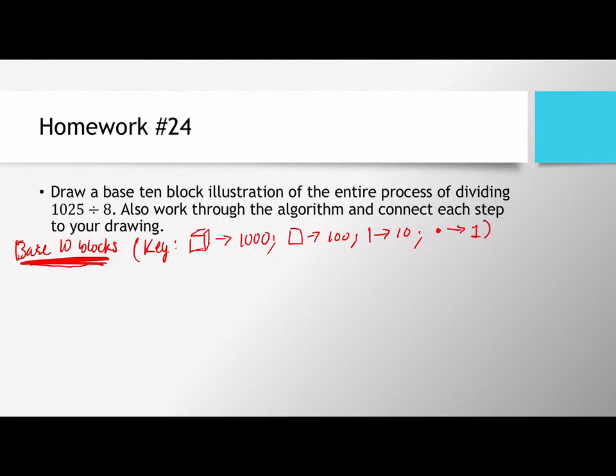Okay, so when I diagram 1025, I have the 1,000 block, two rods, and then 5 ones, which I'll diagram later. But right now we're going to need to draw in our bins.